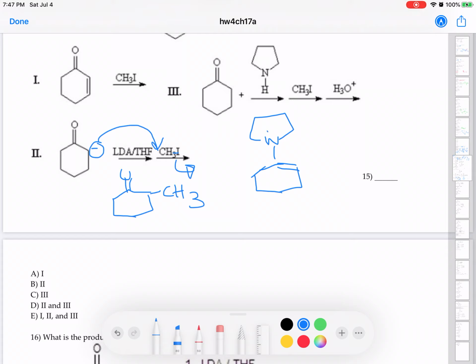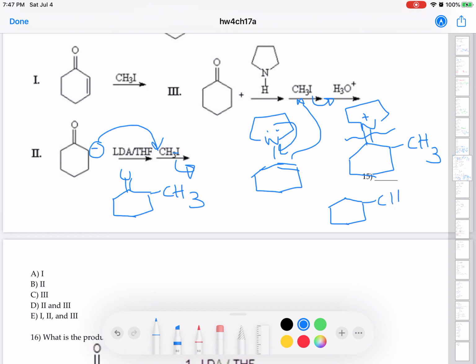And then when you add the methyl iodide, it can form the alkyl group here, methyl, and then in the next step when you add the hydronium ion, you basically remove the nitrogen part and then you can get back to your ketone. So that is also a possible way to do that. So methods 2 and 3 we can use to alkylate that ketone.